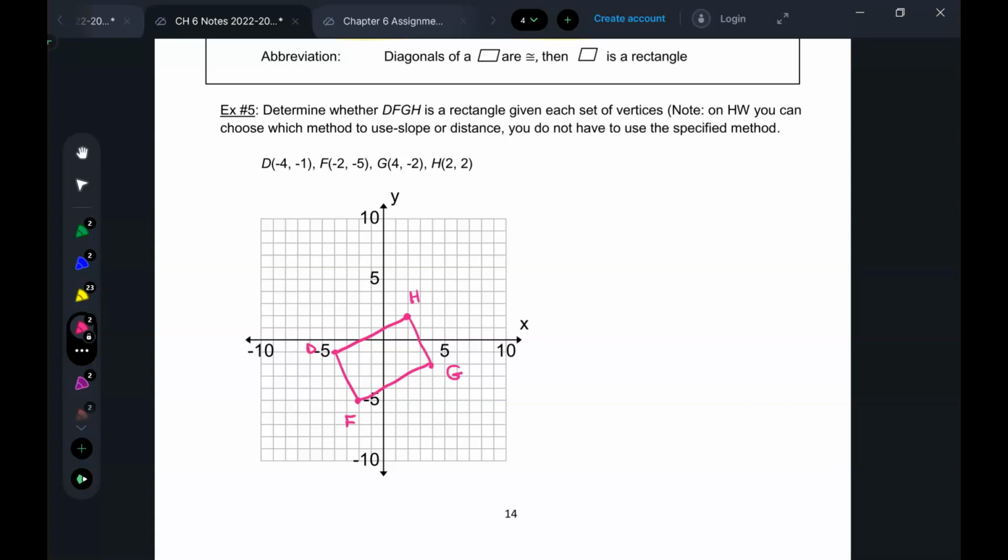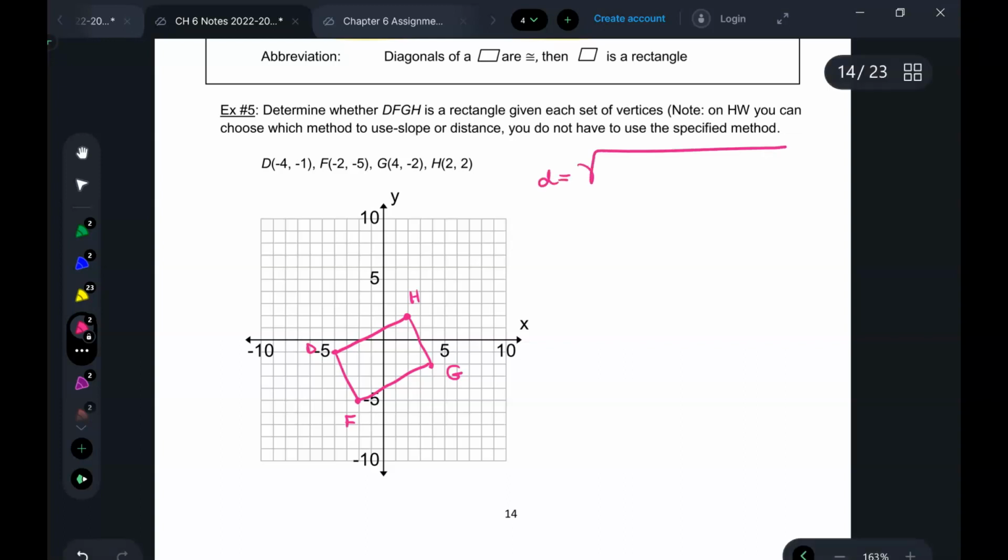But for a rectangle, there's a couple of things we could do. We could do slope. What do we need for right angles? We need perpendicular lines. What would the slopes have to be? Opposite reciprocal. But what did we just say above? If the diagonals are congruent. If I do slope, I have to do it 4 times, but with distance I would only have to do it twice.